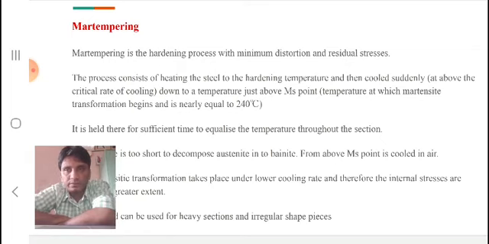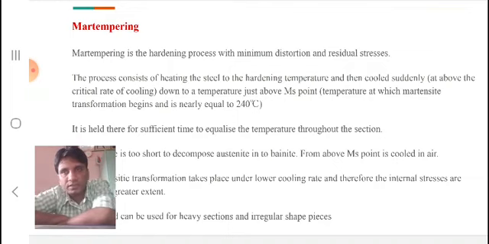In Martempering, instead of directly quenching the steel into the water, and even in Austempering, instead of quenching the steel into the water, it is quenched into the bath, which is maintained at a temperature of 300 to 350 degrees centigrade.